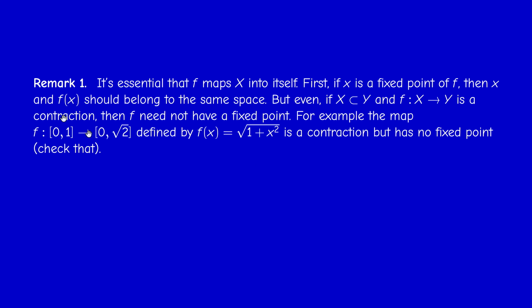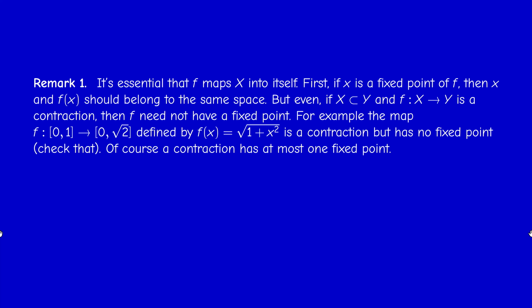Here's an example. Consider the map f from [0, 1] to [0, radical 2] given by f of x equals radical of 1 plus x squared. Check that this is a contraction but has no fixed point. Take a paper and a pen and check what I'm saying. So it's very important that we have a self map.